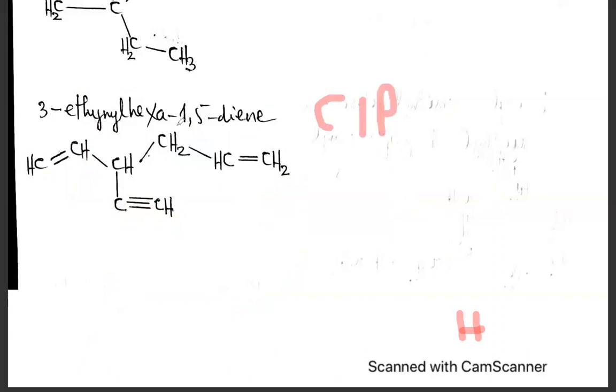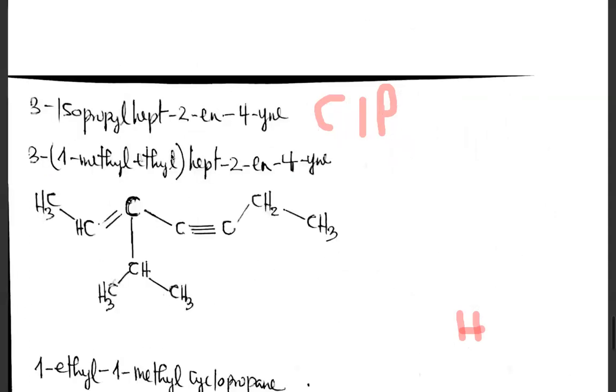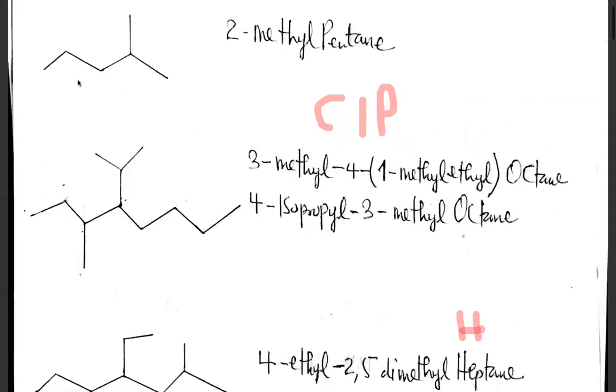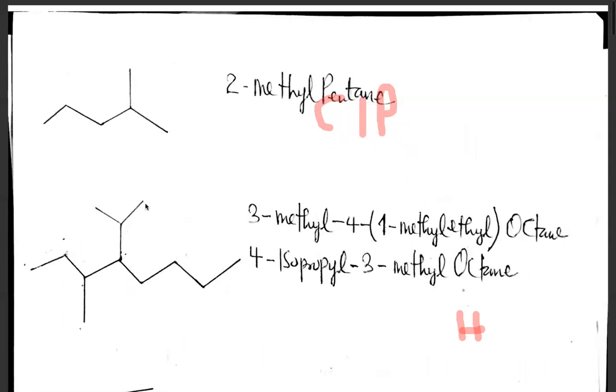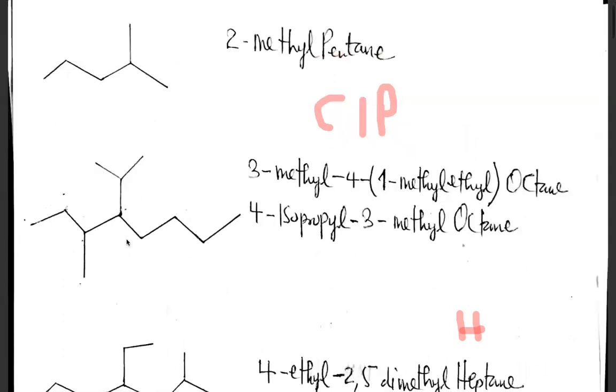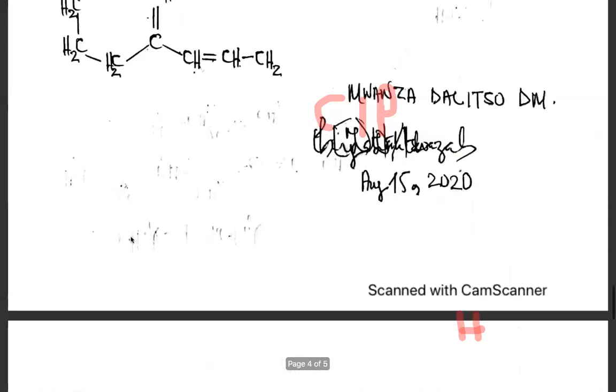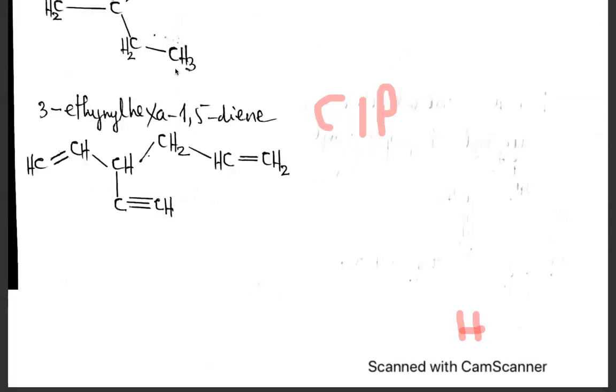Never look for which one is prioritaire and therefore look for the prioritaire chain. Never. If it's drawn like this, you never look for the priority chain and then say clockwise, anti-clockwise. No. For a chain where we use the principal CIP, is this one here. Let me show you.